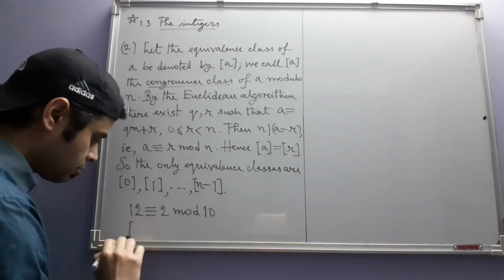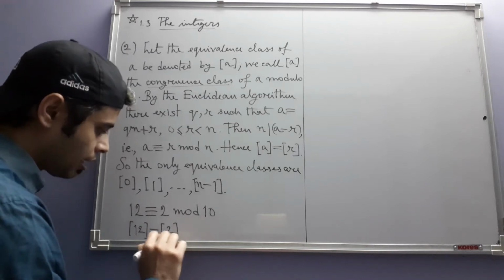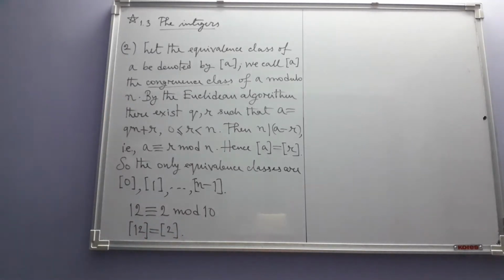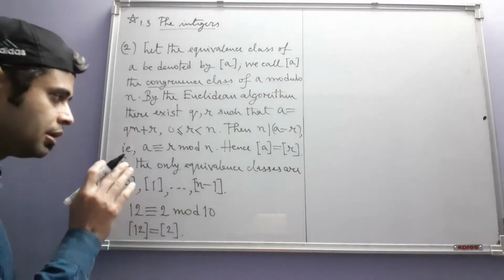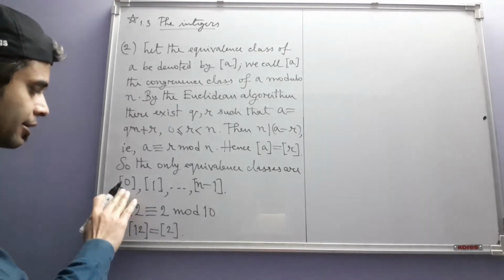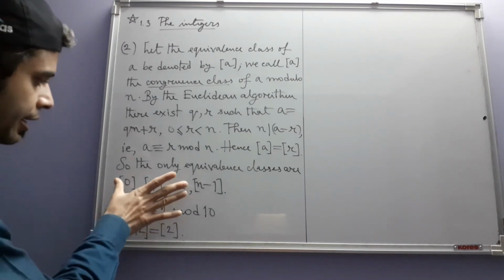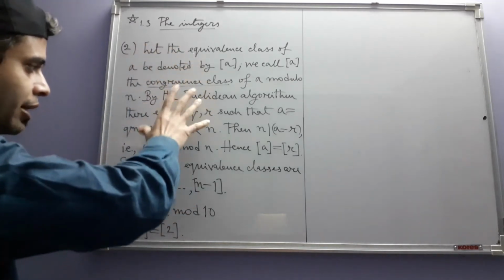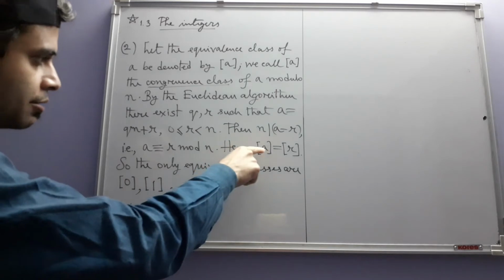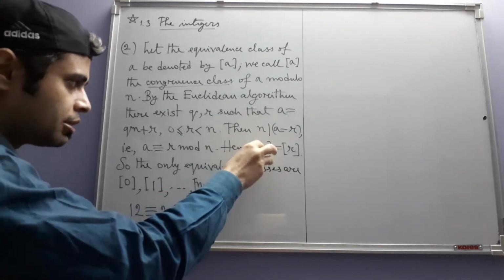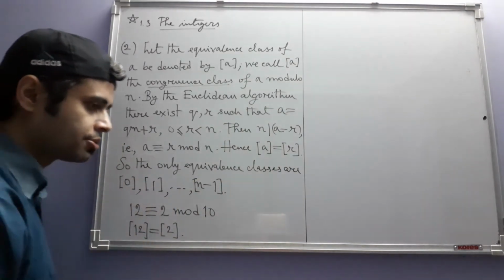So the congruence classes of 12 and 2 are actually the same thing, same set. So it may be the case that some of them are equal. Now we will prove that that is not the case. Actually these n congruence classes are distinct. So thereby we will get exactly n congruence classes. Whatever we have done so far allows us to say that there are at most n congruence classes, because whatever integer we choose, the congruence class containing that integer will be one among these. We will now show that they are distinct.